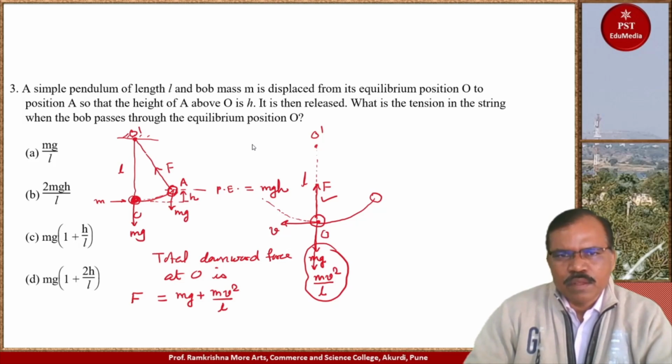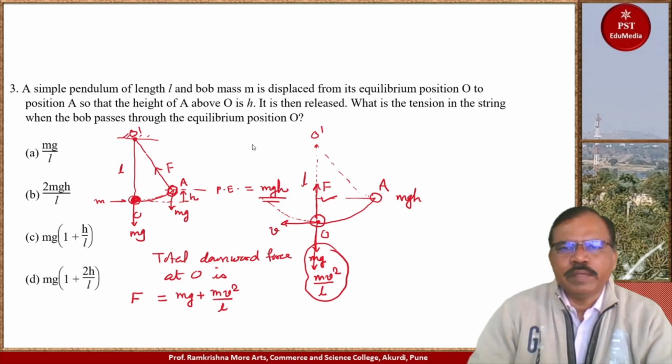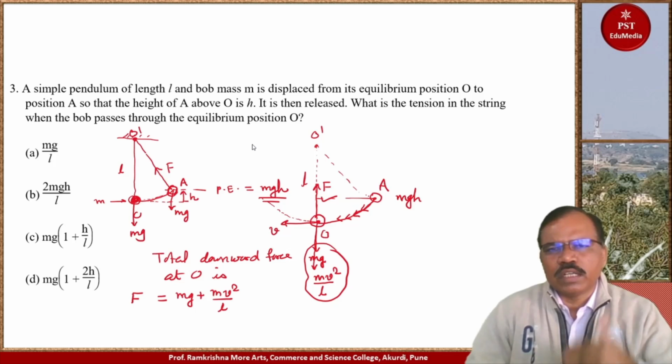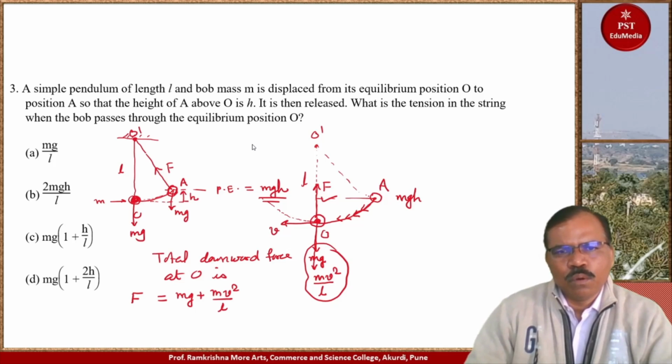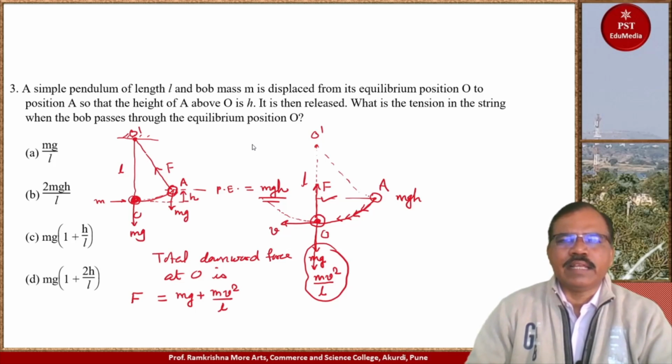Now see here, potential energy at point A is mgh, and this is the extreme point. When it comes along this path, potential energy goes on converting into kinetic energy, and when it comes to the equilibrium position, the whole potential energy is converted into kinetic energy.